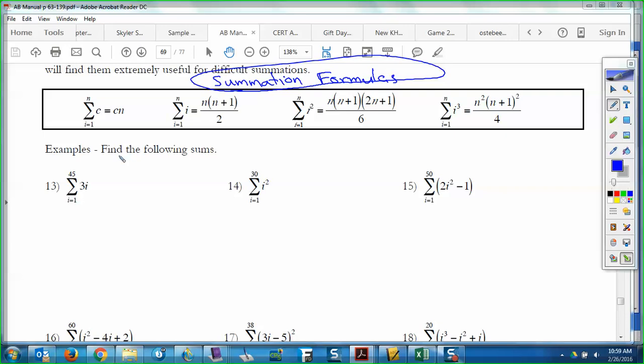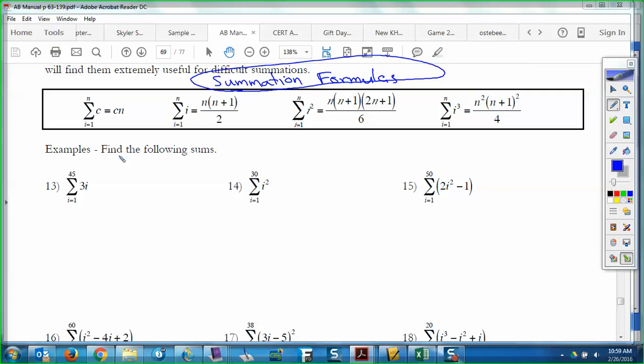Okay? Here's the one we just did. Right? If you have a sigma I from 1 to some number n, it's simply going to be n times n plus 1, all divided by 2. Yes? If I didn't start at 1, then these formulas would not work. Right. So we want I to start at 1. Okay?